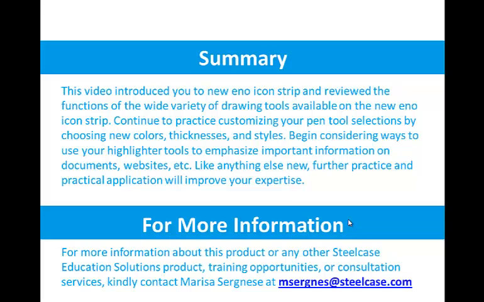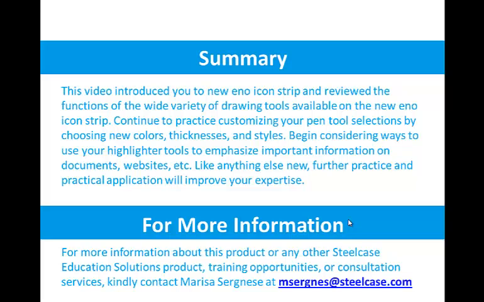So we discussed how to quickly access pens, highlighters, erasers. We also talked about how to access the quick change colors from the icon strip, as well as going into that painter's palette when you want to have more creative colors for annotating on top of your documents and websites and blank pages.